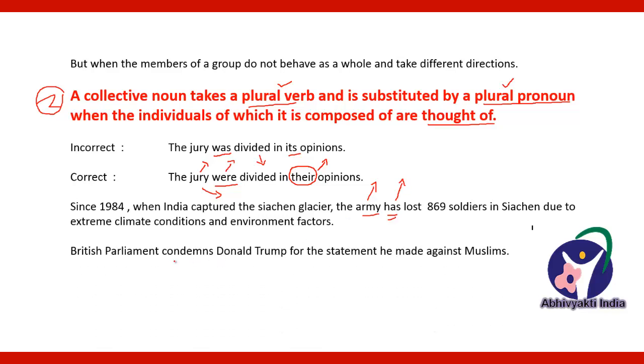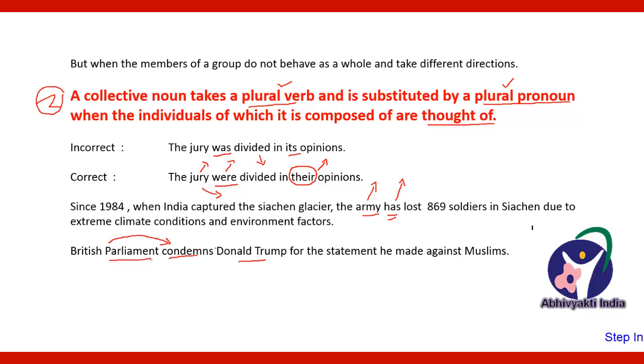British Parliament condemns Donald Trump for the statement he made against Muslims. Recently, Donald Trump made the statement against Muslims that Britain should ban Muslims because of terrorist activities, and he was condemned by the British Parliament, and so there was a headline in the British newspapers: British Parliament condemns.